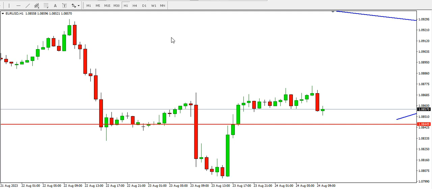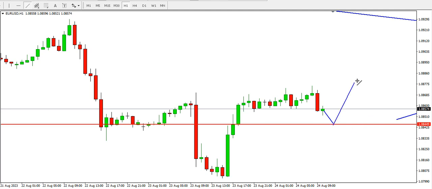On the 1-hour time frame, it's quite tricky. We might see price dropping to this level, which is 1.08449 level, which is our daily pivot.